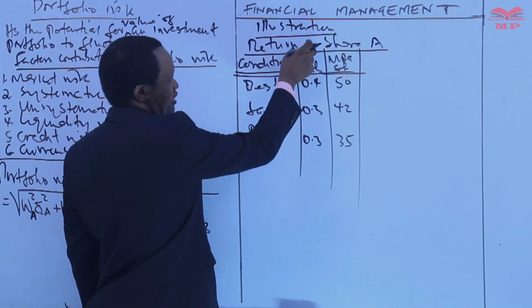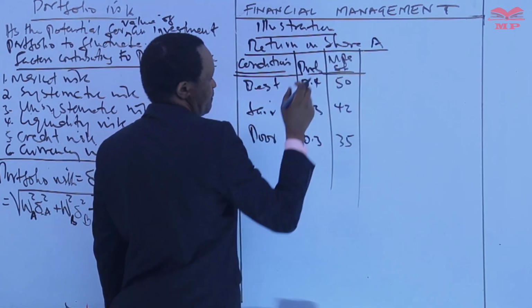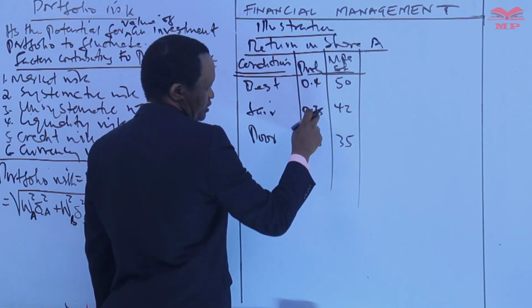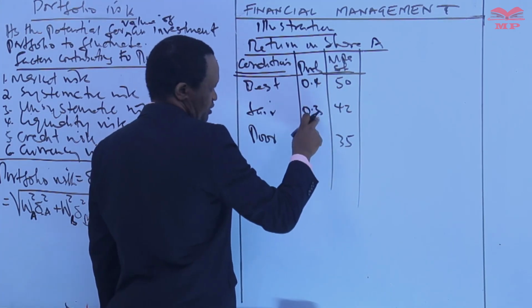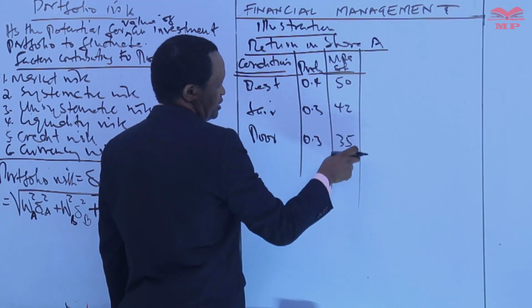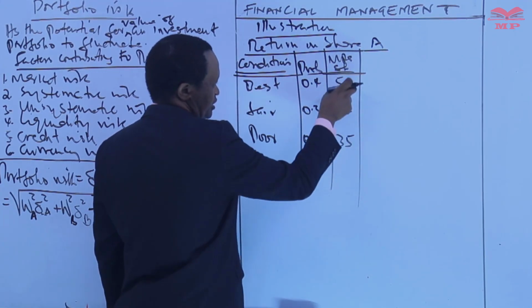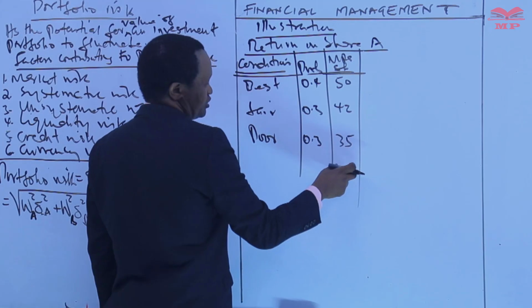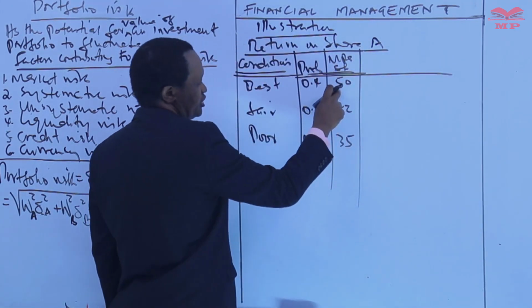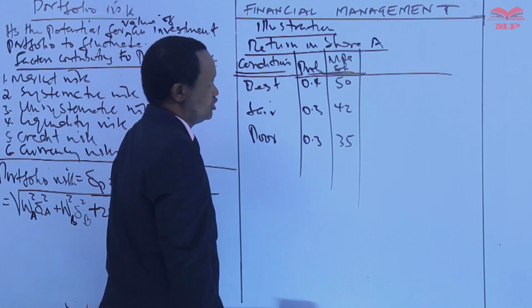So to get the return on share A, you can only multiply 0.4 by 50, plus 0.3 times 42, plus 0.3 times 35 if these are percentages, but these are returns in shillings. So we have to first of all convert these shillings into percentage.